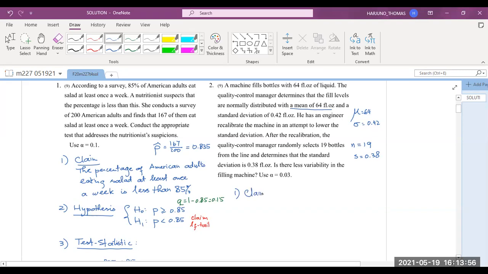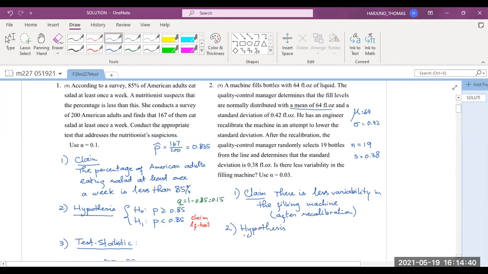Claim: there is less variability in the filling machine. I think I want to add after recalibration. Okay, now hypothesis.